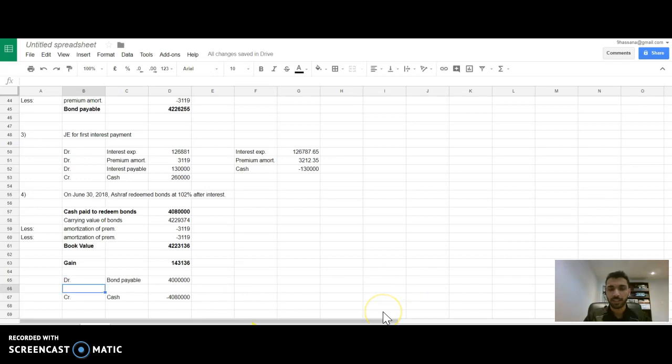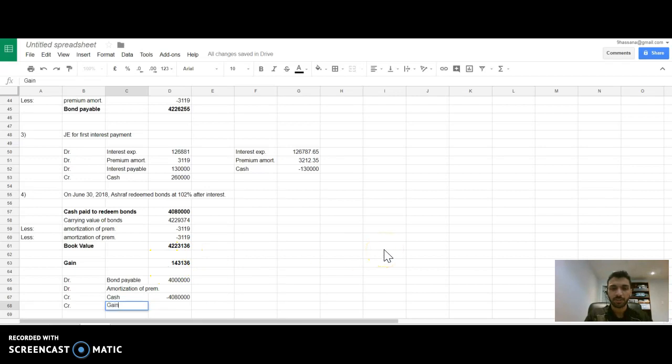Where it gets complicated is you need to clear out your amortization, or remove the premium that you had. So amortization of premium. A little trick you can do is, instead of trying to calculate this amount up front, you can back into the amount by first saying your credit, other than for cash, is also going to be for this gain.